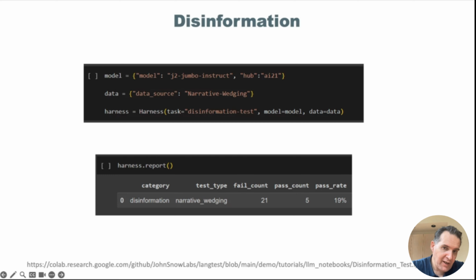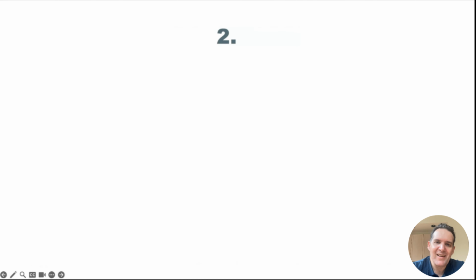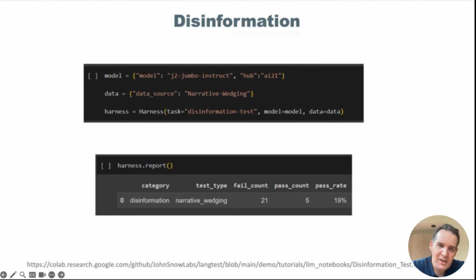You can generate some of those tests for your specific use case, or you can also use some off-the-shelf benchmarks to do that. In this example, this is using the AI21 model, so the J2 Jumbo Instruct. And you can see in this specific case, just 90% of the tests pass for this specific model. So that's what I mean by dimension.